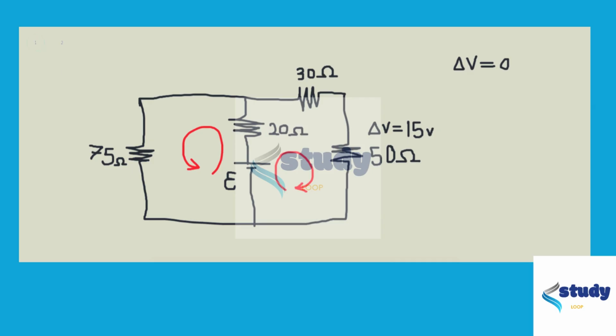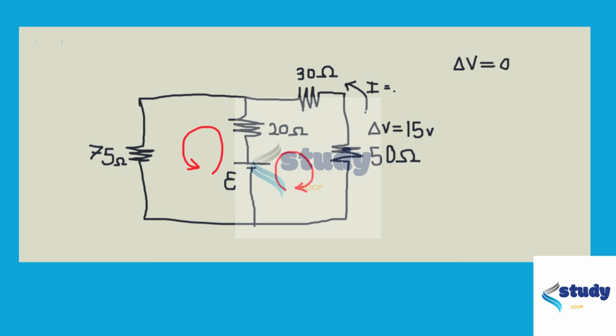So I'm not going to review Ohm's law because that was done in previous chapters, but we can find the current in the 50 ohm resistor using Ohm's law, and that current is the same as in the 30 ohm resistor because these two are in series, and that current is going to be 0.3 amps, and you can get that just by dividing 15 by 50.